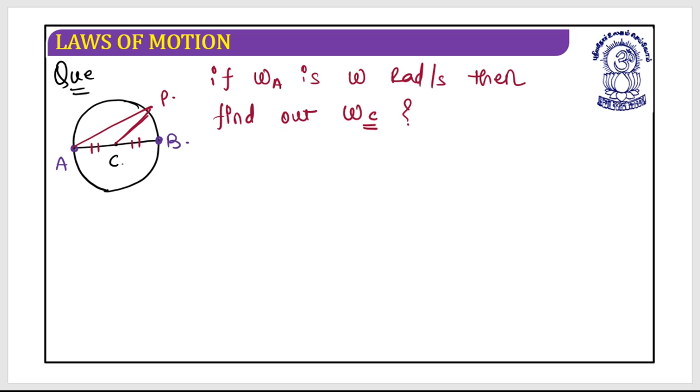So how can you do this? Now what I understand is that omega is equal to theta by time t. So let's suppose time is the same.